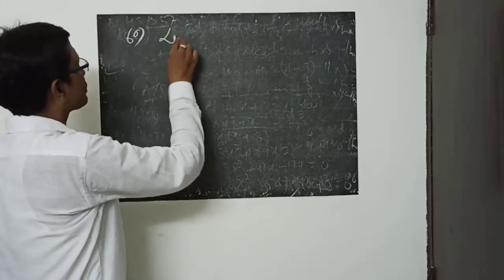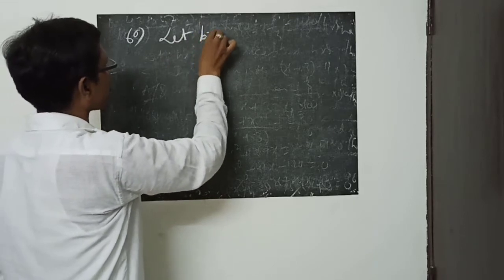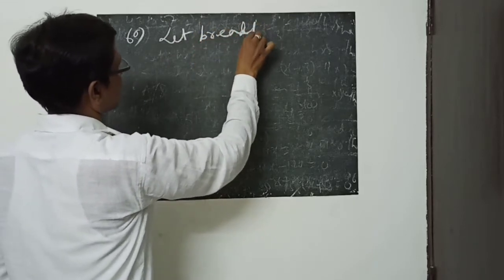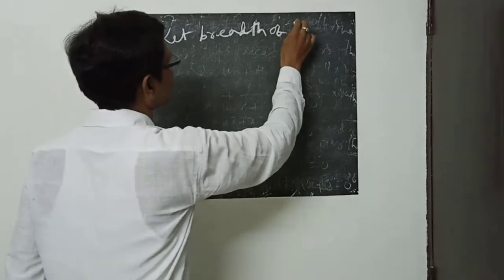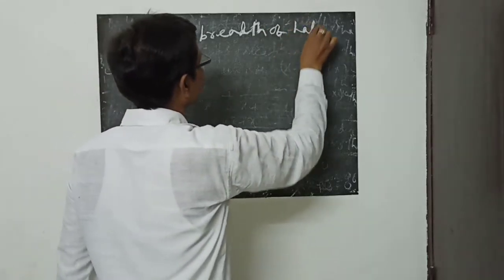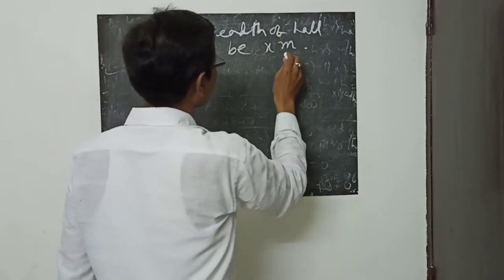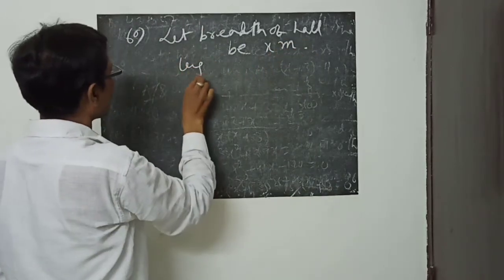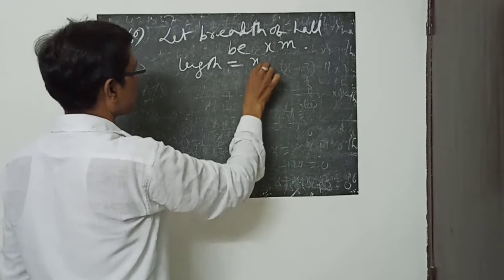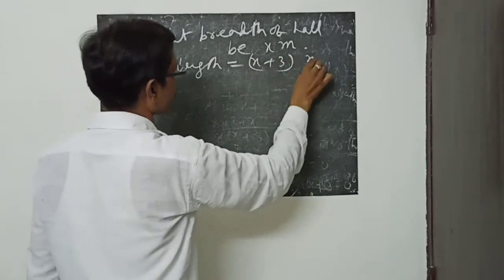So let the breadth of the hall be x meters, then the length will be what? 3 meters more, that means x plus 3 meters.